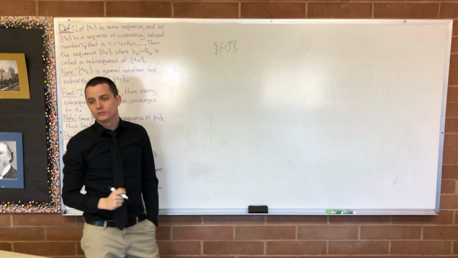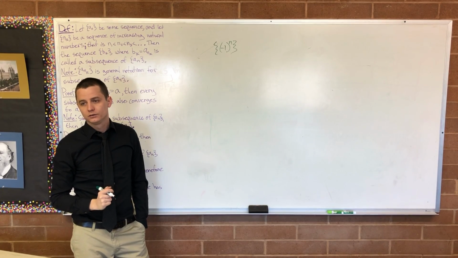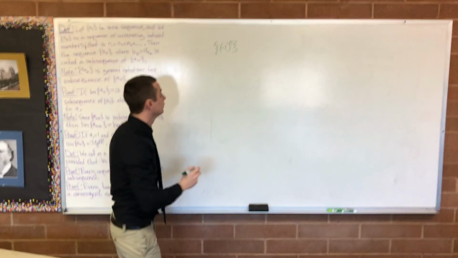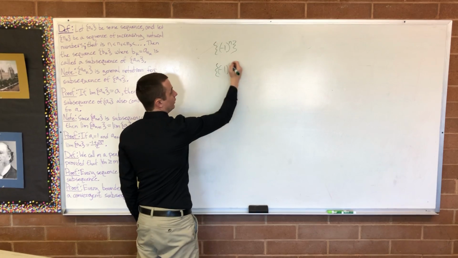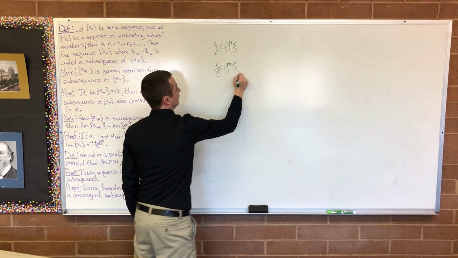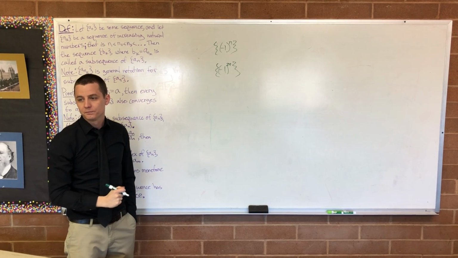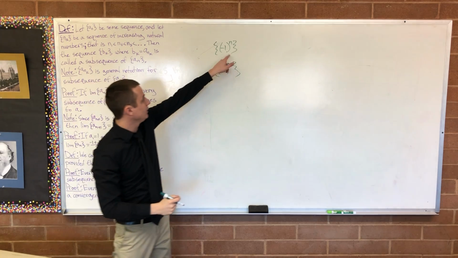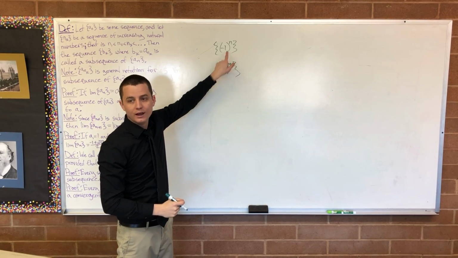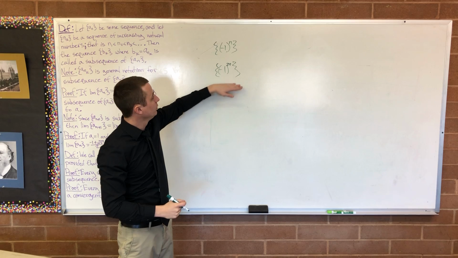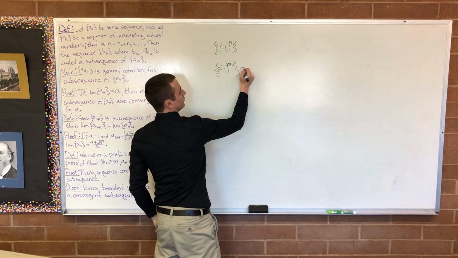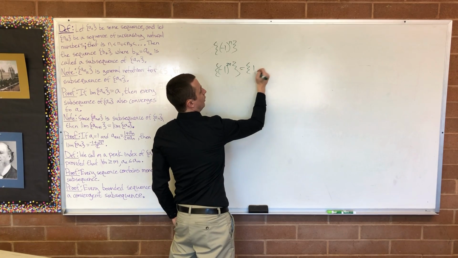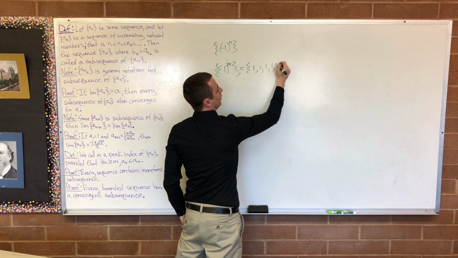What is a monotone subsequence I can get from there? We pick every second index, and that gives us 1, 1, 1, 1, 1.